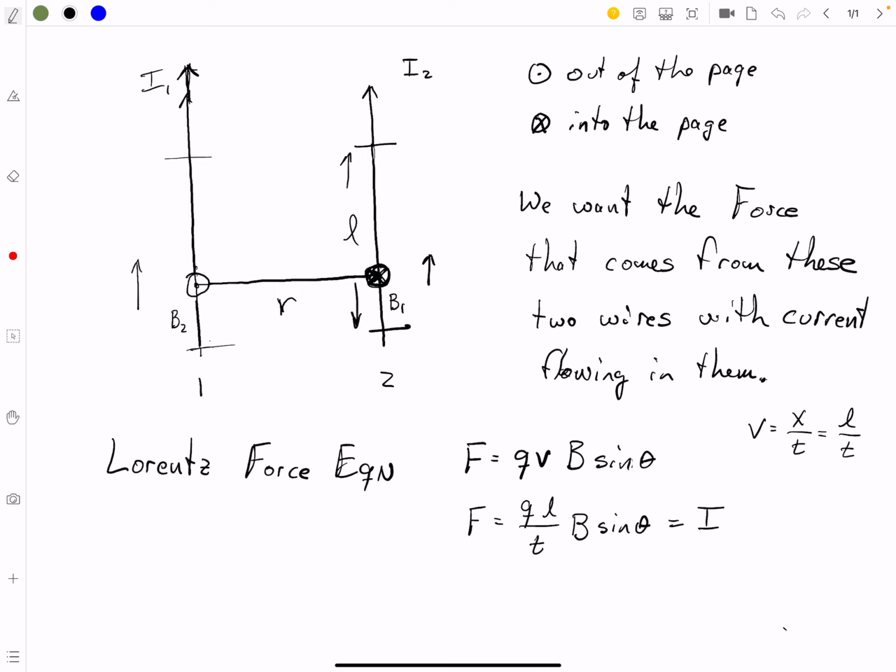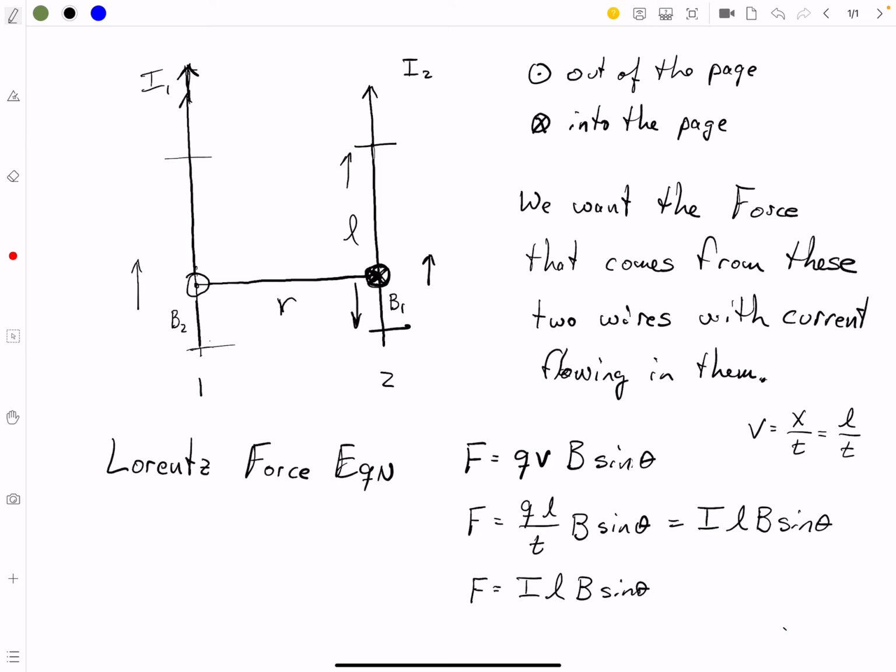Charge over time is your current. So the current times the length times B times sine of theta is equal to our force. So we've got our current, we've got our length of the current, we've got our B sine theta. Okay, so we can go with that.